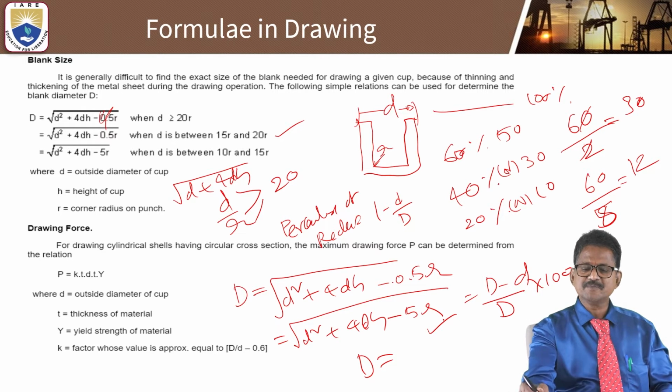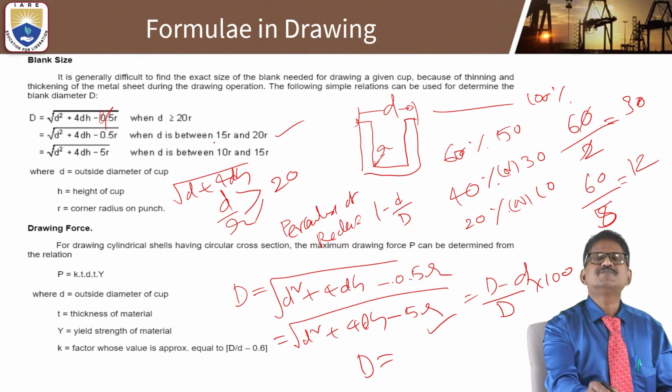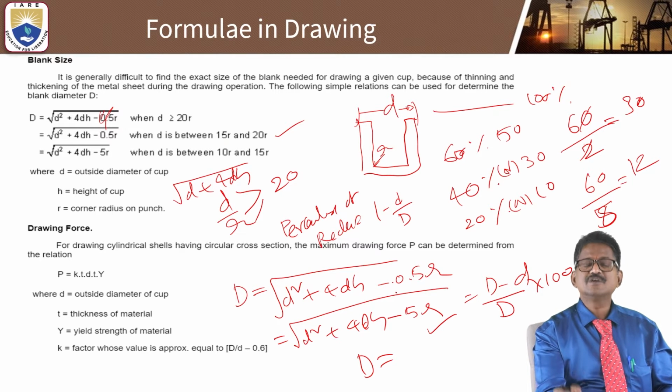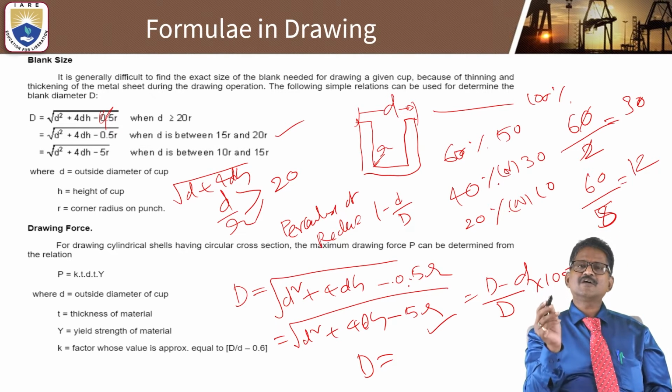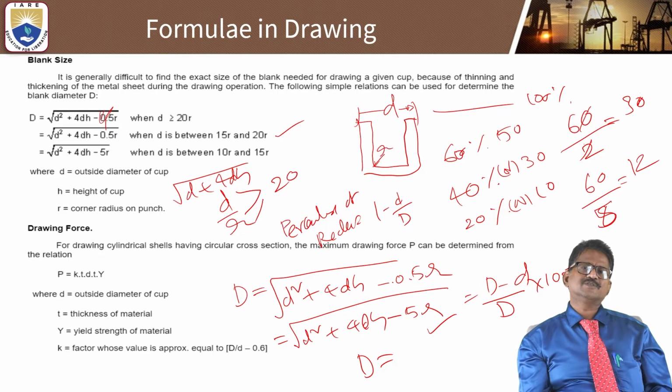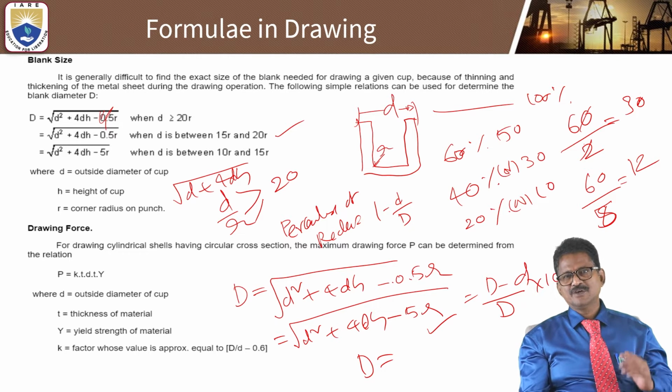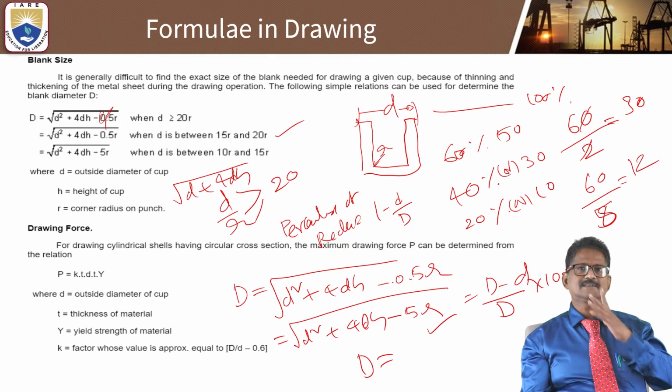Suppose if d by r ratio is in between 15 to 20 means we can use the 0.5r, or small r by 2, formula to determine the blank diameter.